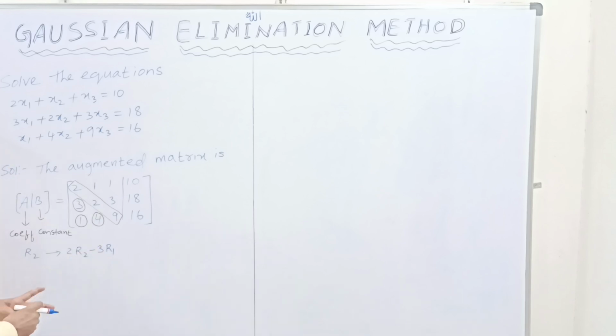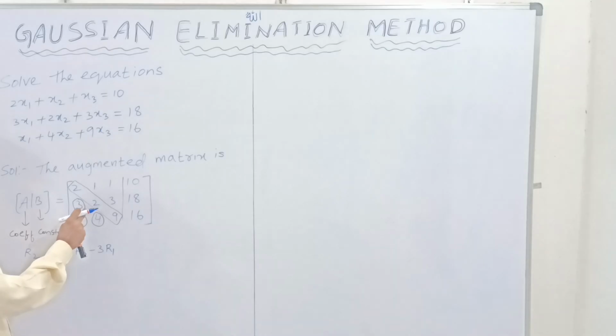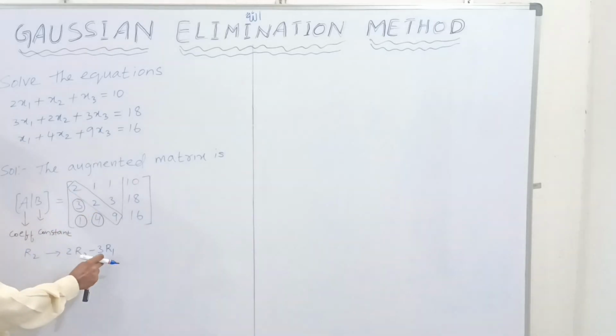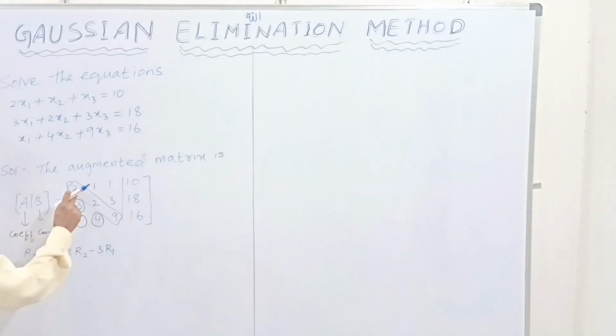So I will try to make this element as 0 using the element of R1. So here we have 2, here we have 3. So I will multiply this with 2 and I will multiply this element with 3 and subtract them so that this element becomes 0. Similarly, here it is 1 and here it is 2. I have to make this element as 0.